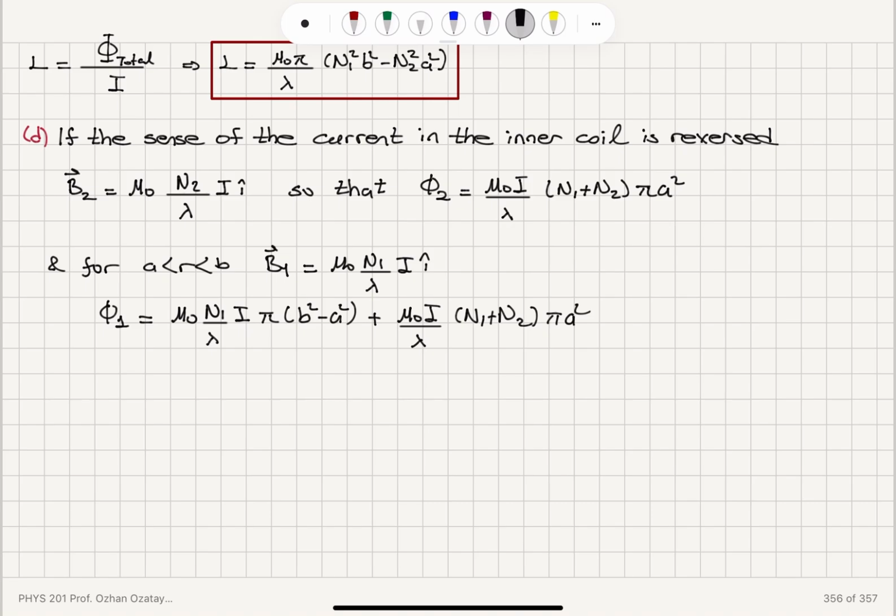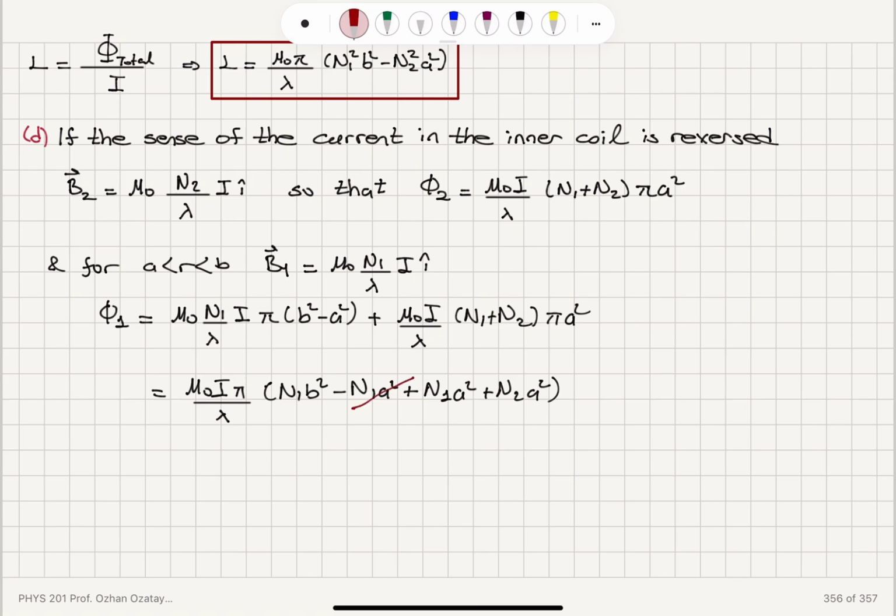So this becomes mu0 I pi divided by lambda, n1 b squared minus n1 a squared plus n1 a squared plus n2 a squared.